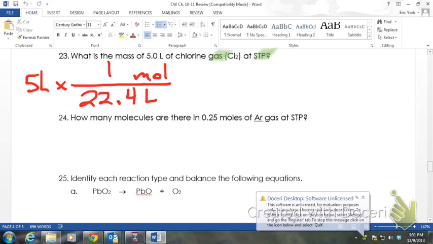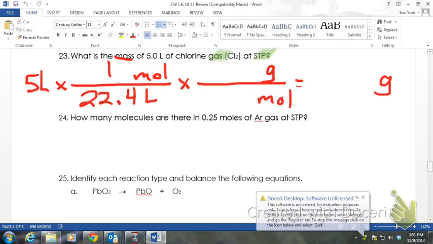But the problem, remember, is asking for mass, so I need to do a second conversion problem that is going to allow me to convert from moles into grams. Now again, I want my moles to be able to cancel out. So in order to get them to cancel, I write moles on bottom, and then the unit that I want left over is grams, and so that's going to be my final answer in grams.